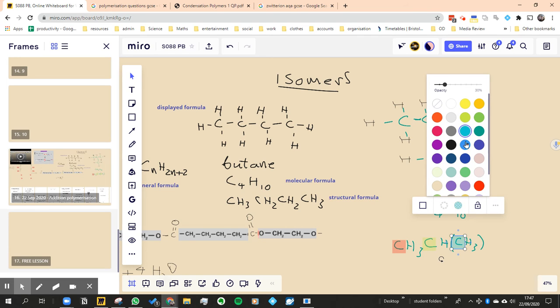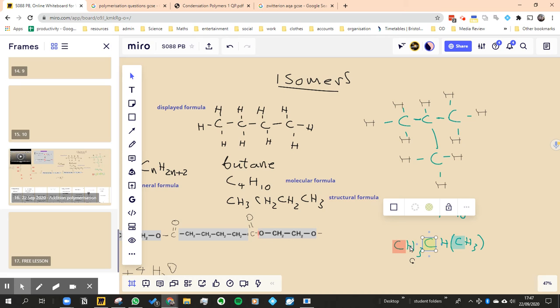So just so we're clear, that rectangle, that carbon is that carbon down there. And this carbon is that one.